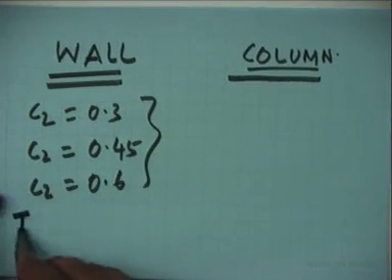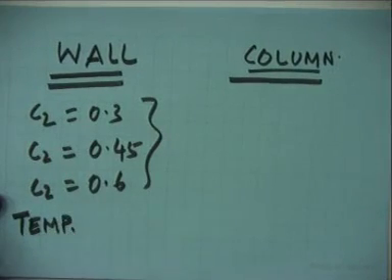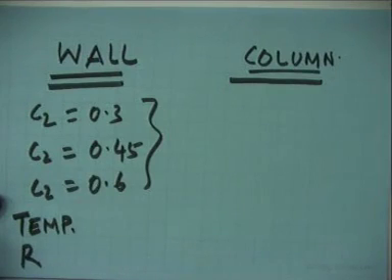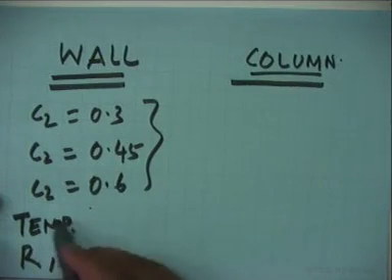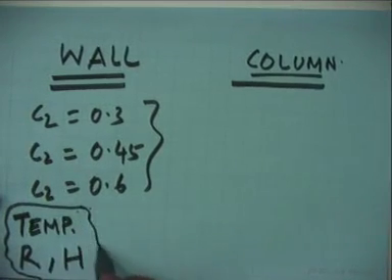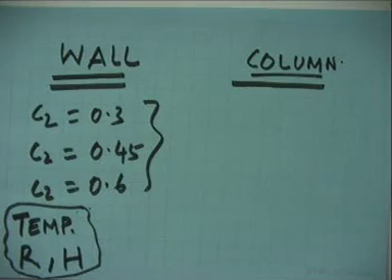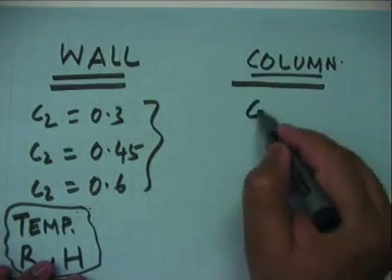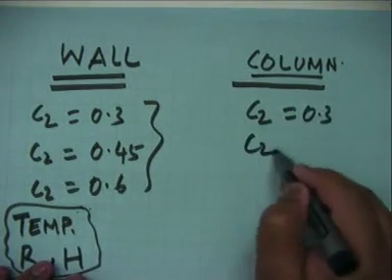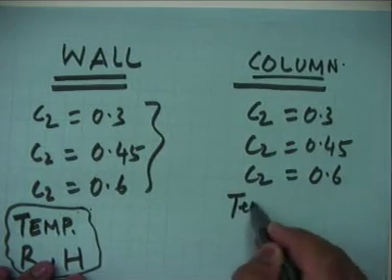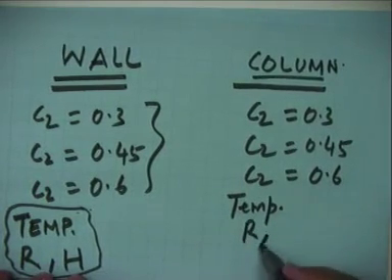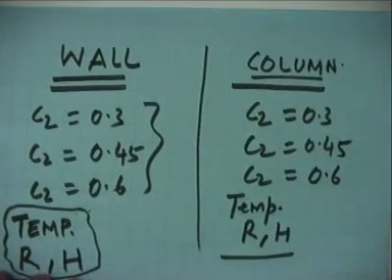Now, depending on the temperature, depending on the R value, and depending on the form height H, for different values of these parameters, they have made certain tables. Similarly, for column also, for different C2, 0.3, 0.45 and 0.6, and different temperature, R value and H value, they have prepared certain tables.